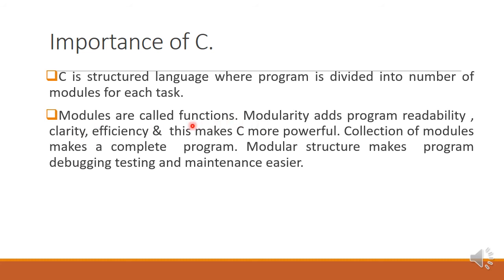Modules are functions. Modularity adds program readability, clarity and efficiency, and this makes C more powerful. A collection of modules makes a complete program. Modular structure makes program debugging, testing and maintenance easier.